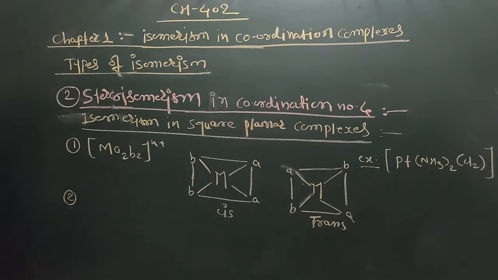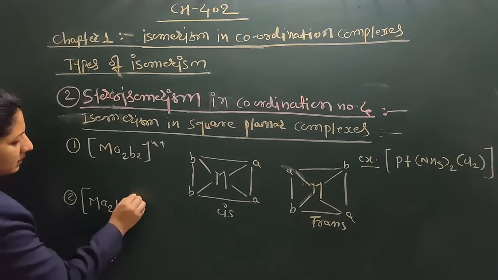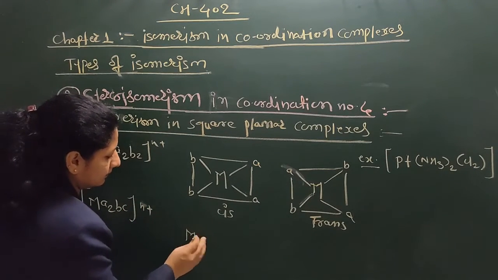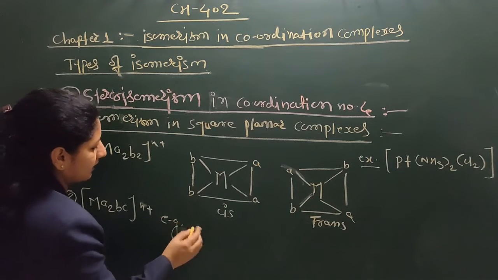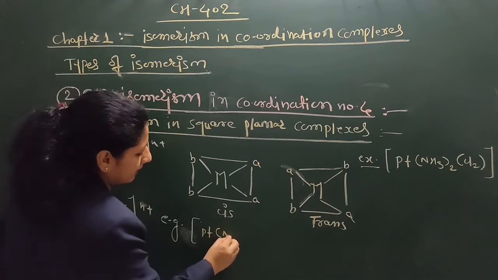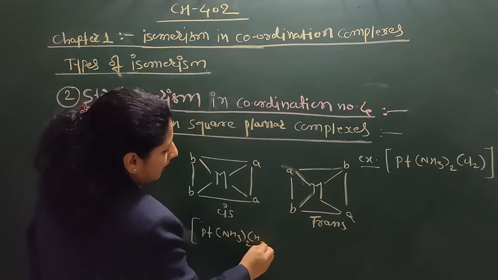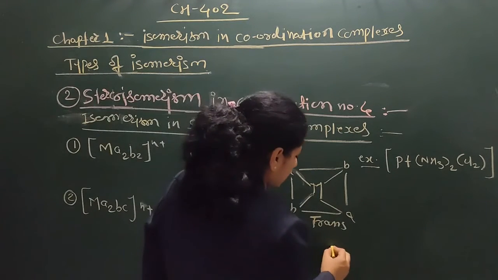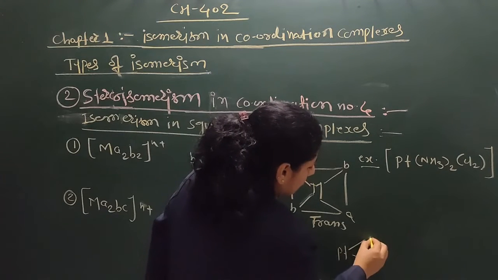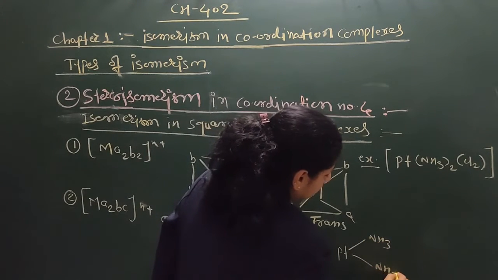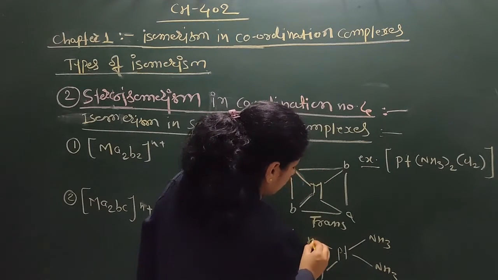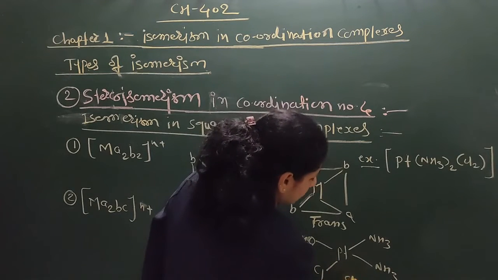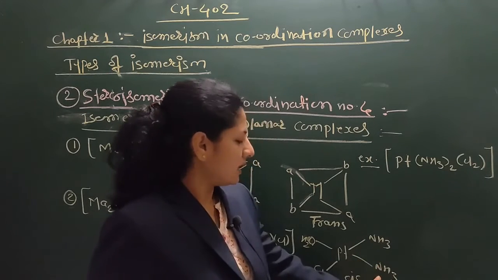The second type, and the example of that isomerism is the same one, that is diamminedichloroplatinum. So if you draw the structure for that, it will look like this. This is a cis position because NH3 is on the same side.